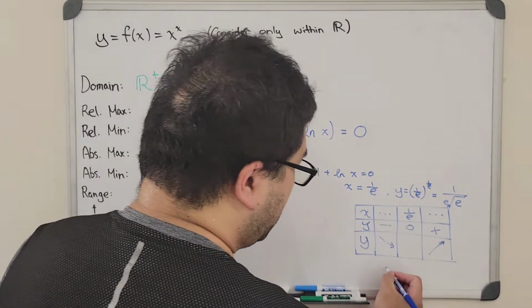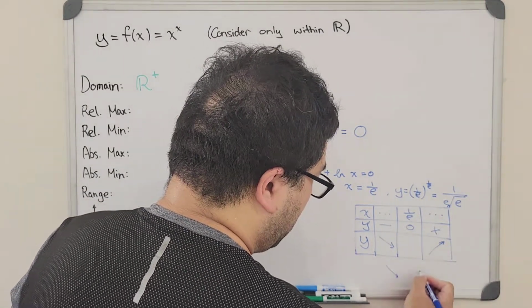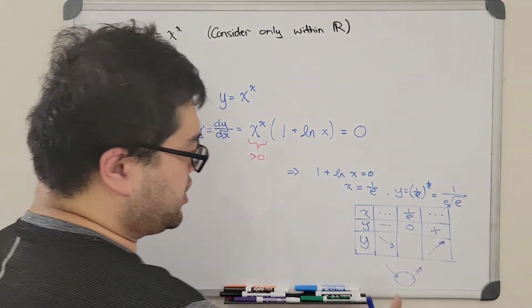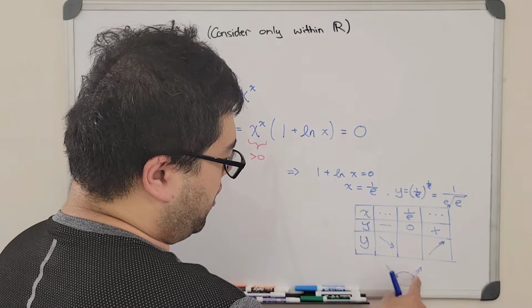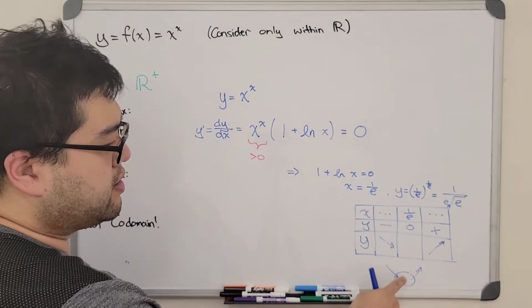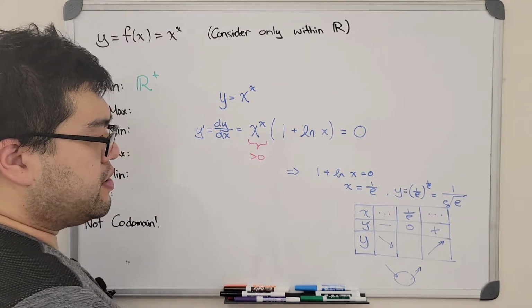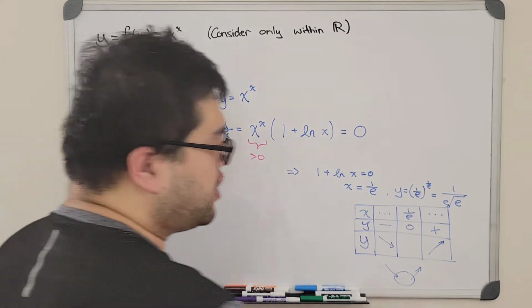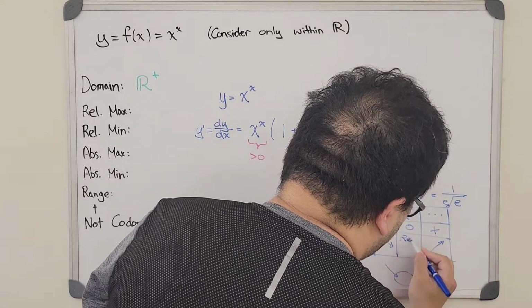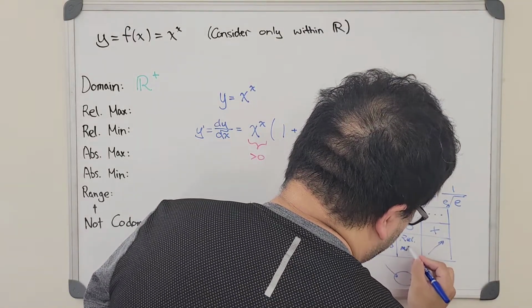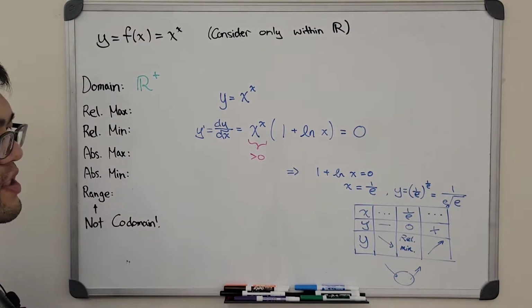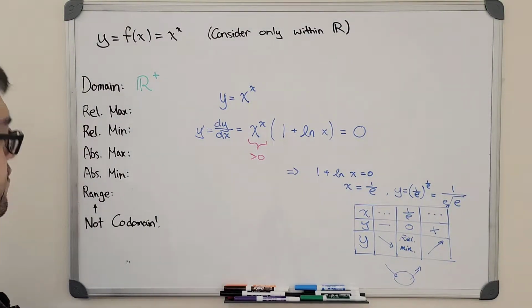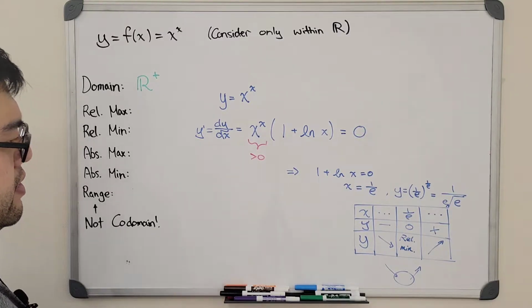Meaning, graphically, we will have a relative minimum here, also known as a local minimum, because for all the points around 1 over e, the y value will always be greater than or equal to the y value at 1 over e. So now we have determined that when x equals 1 over e, that point is the relative minimum of the graph. And that is it.